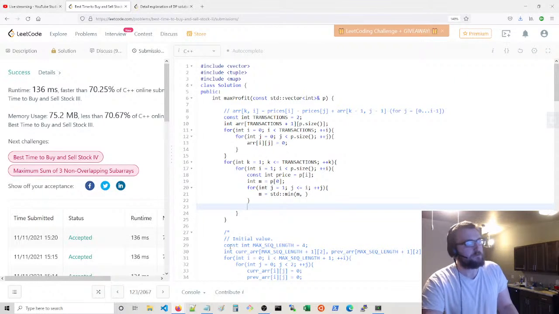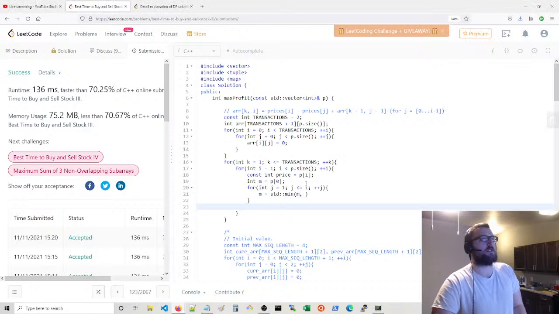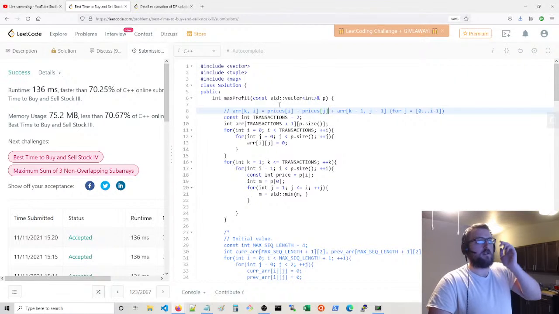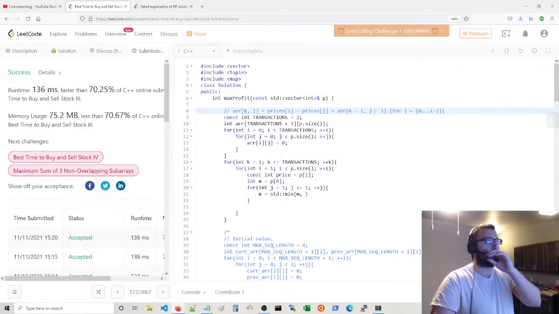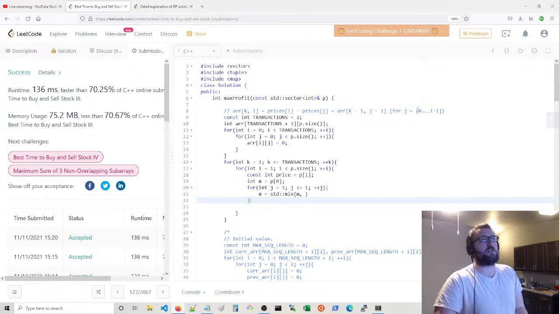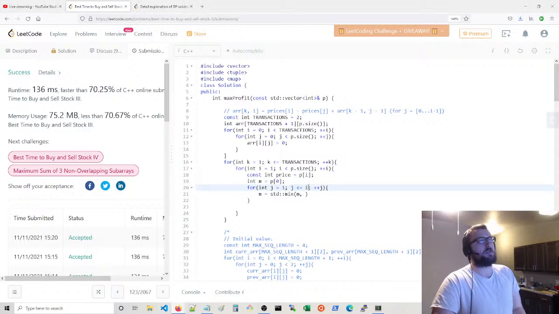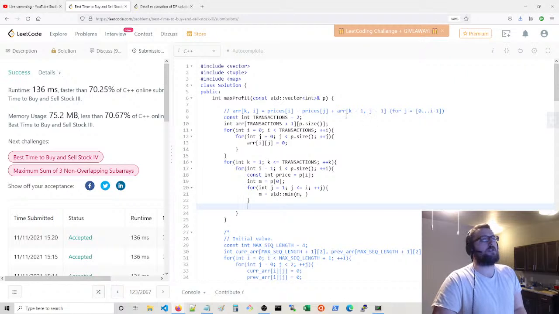So the intuition is, so what I would have done initially, right, is I would have said Kij, but actually you don't necessarily need to store j at all. We don't really care about storing the results of processing j. So we could have just a loop for j, and what we want is array of k of I is equal to price of I minus prices of j, which is what m is going to be.